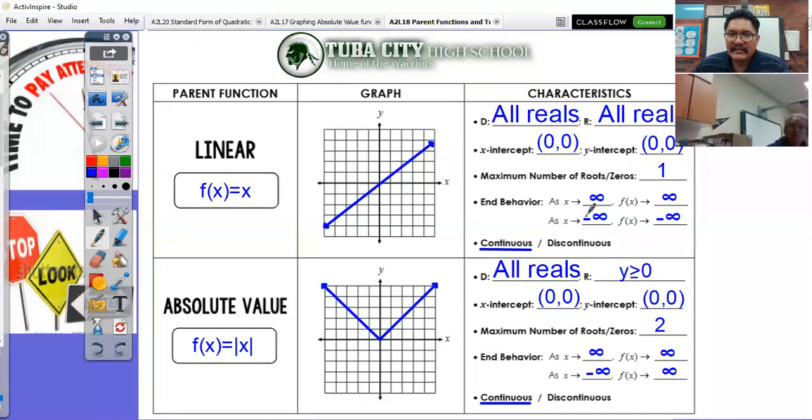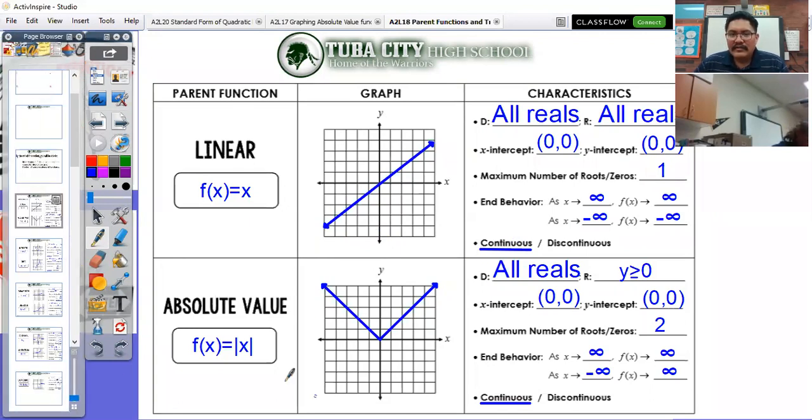As x goes to negative infinity, so as you go backwards, as we go to the left, the line is going down, and it's going to reach the y-axis here in the negative. And the last trait is that it is continuous. Continuous means that there are no holes or gaps or breaks in the line.